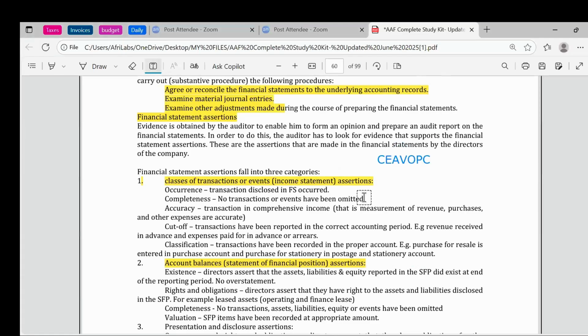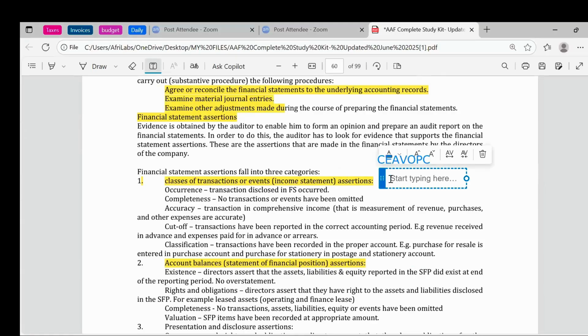I prefer this text. POC. Okay. So can somebody explain this as an extraction of CVOPC for your income statement item? Before we answer Ogechi's question.